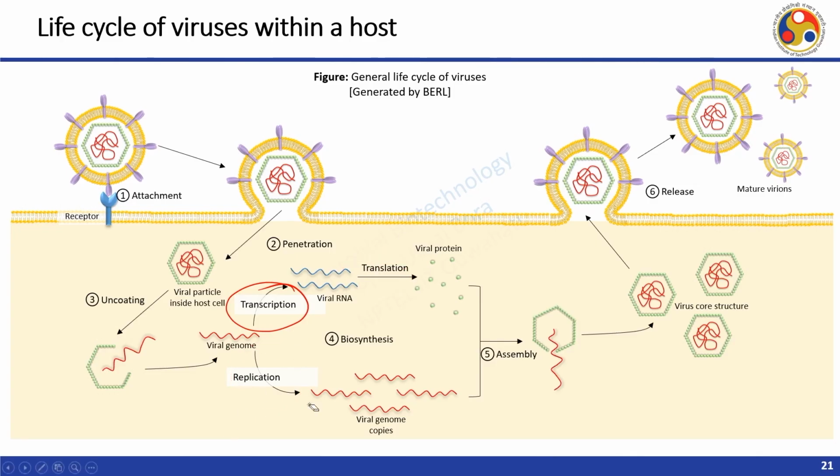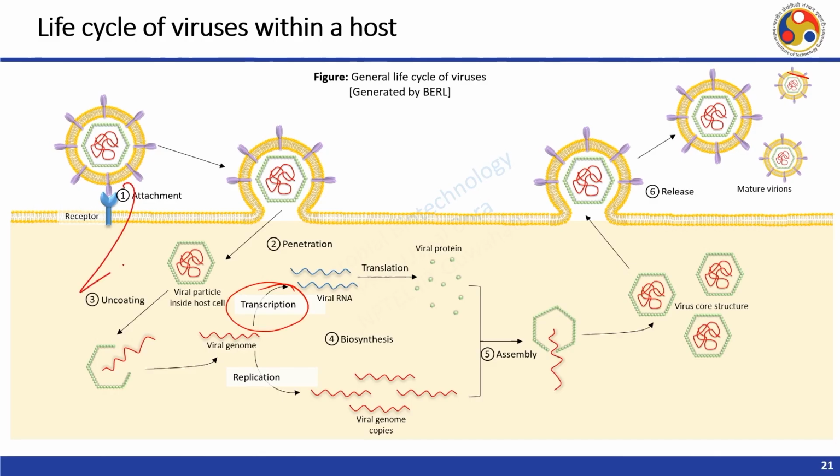So, this is the step of biosynthesis, where both the viral genome is copied as well as the viral proteins are produced. These two together will then go for self assembly, as you can see here, and the viral core structures are formed and finally released, and we obtain the mature virions.